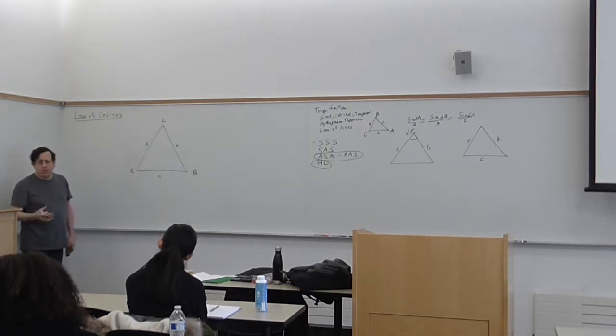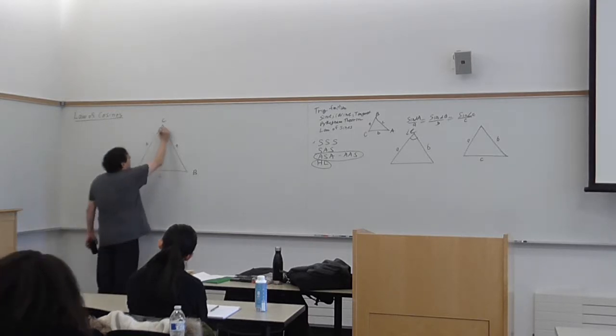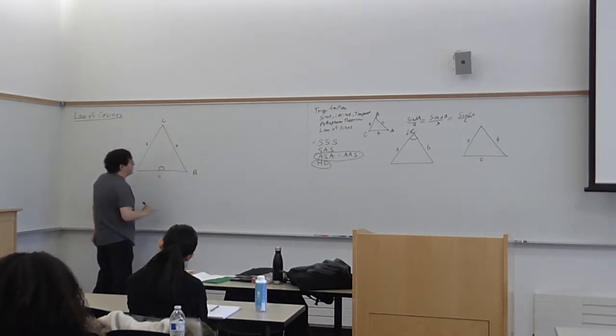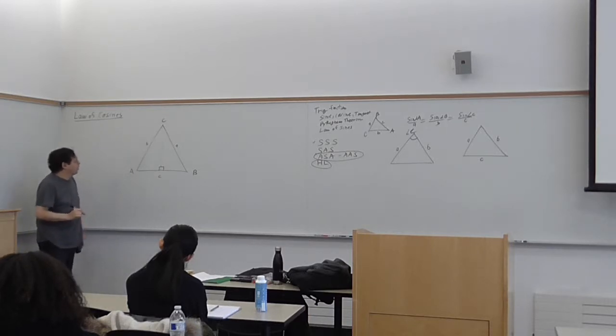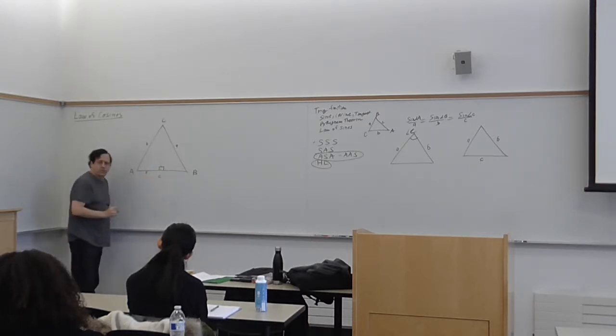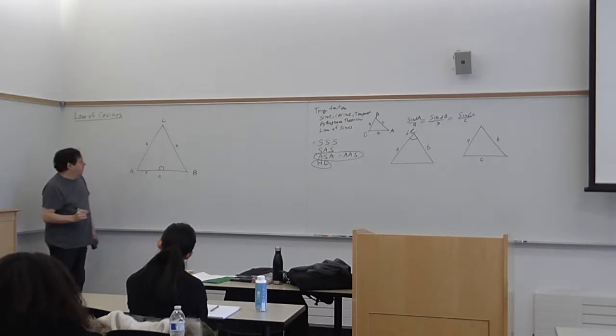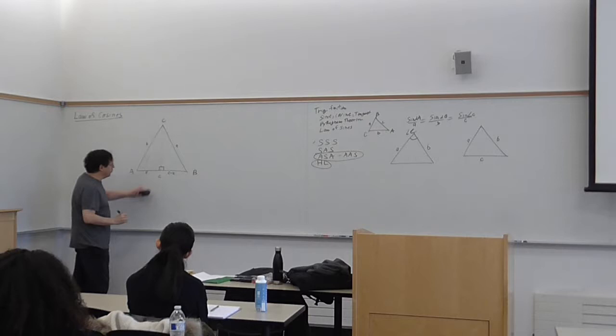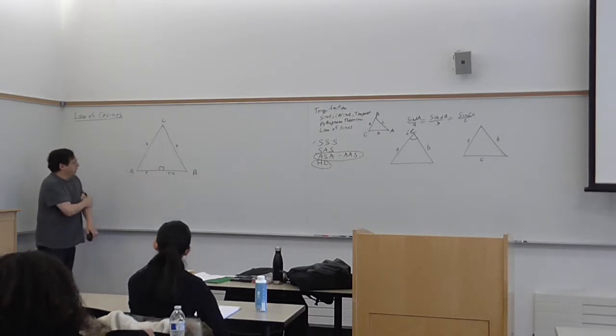As we've done a number of times before, we're going to drop a perpendicular, turning this triangle into two right triangles. We're going to label one of the segments that this altitude breaks side c into x. That's just the length x. And so the other segment is going to be c minus x.